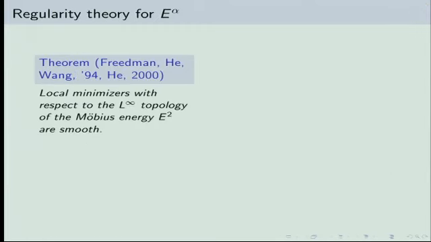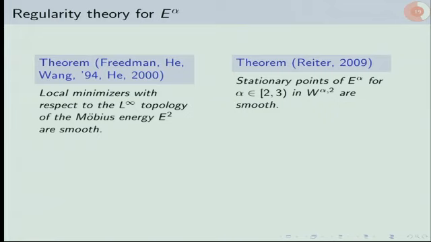Okay, so we have under some conditions minimizers, and now we can ask the question, how nice are the minimizers? And I'm an analyst, so I would phrase the question, are they smooth? And well, first this question was answered for the Möbius energy, for local minimizers in some topology, and in fact it was found by Freedman, He, and Wang, and He, that actually these things are smooth.